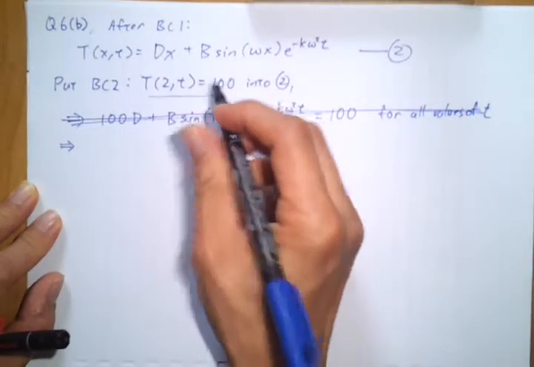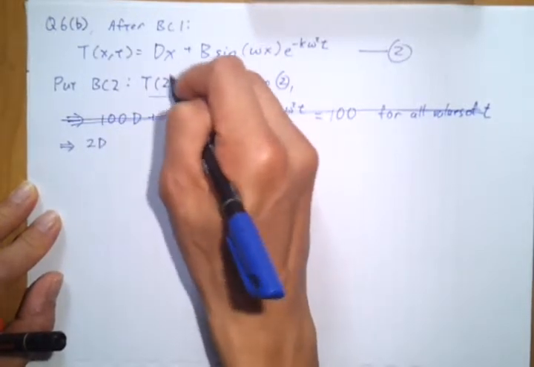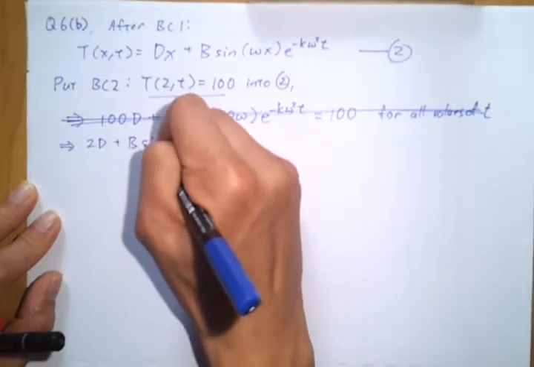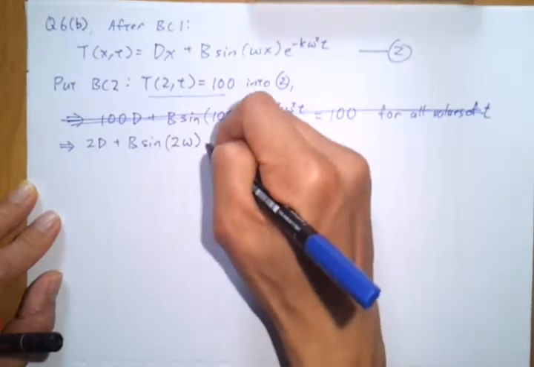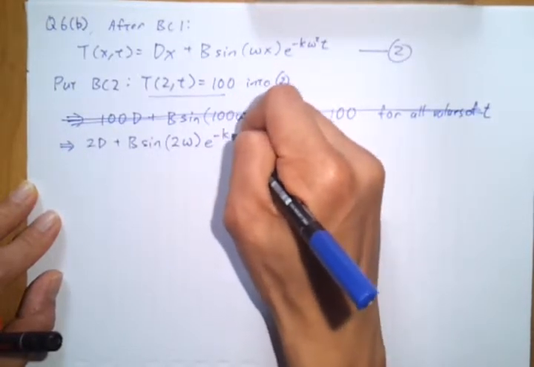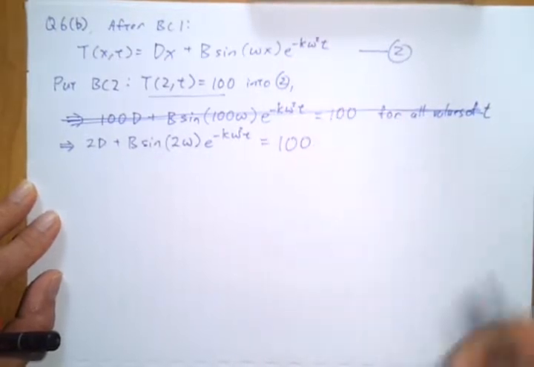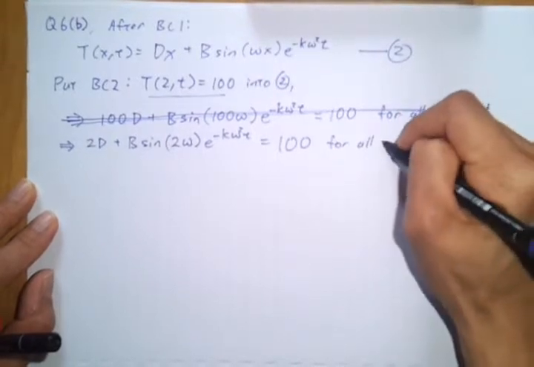So I put x equals 2, so this is 2d, plus b sine 2 omega e to the power minus k omega squared t. This must be equal to 100, for all values of t.